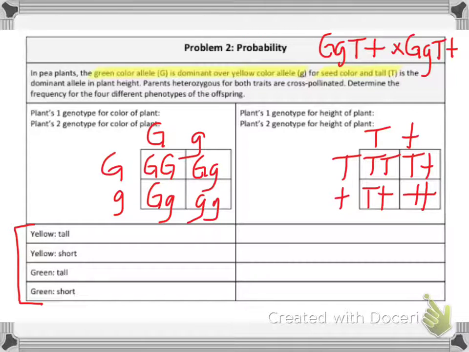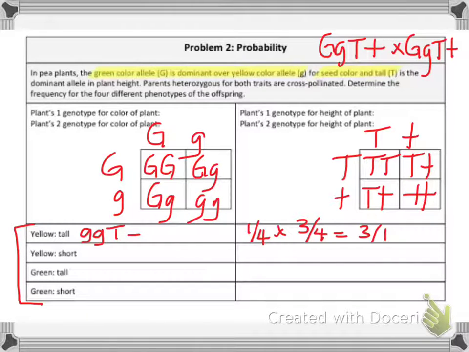Okay, so yellow is a recessive trait, so that will be little g, and tall is then a dominant trait. So for this, we have 1/4, 1 out of 4. And for tall, again, it doesn't matter the second because it's a dominant trait. So then there's 3 out of 4.